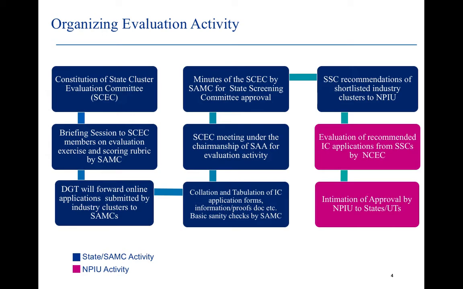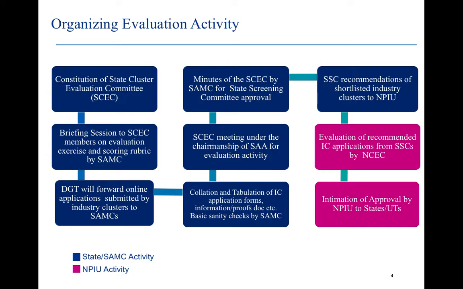And then the central role comes into the picture. There is a dedicated evaluation matrix which will be used by the National Cluster Evaluation Committee to evaluate the IC application forms submitted and recommended by the states. Once the NCEC makes a decision on the approval, the NPIU will intimate the states on the approval outcomes.